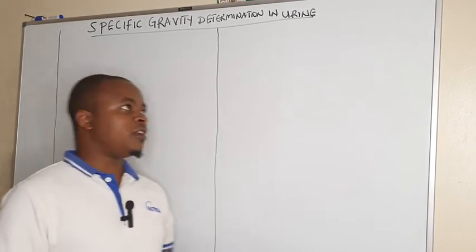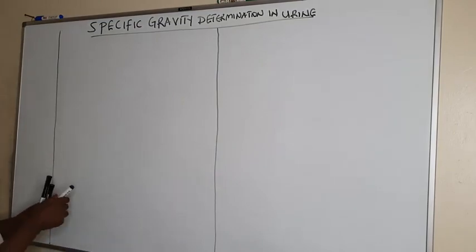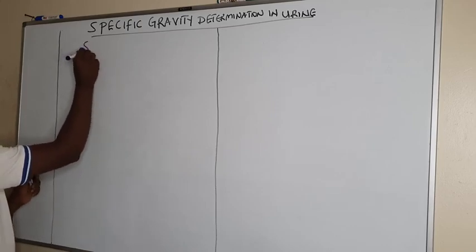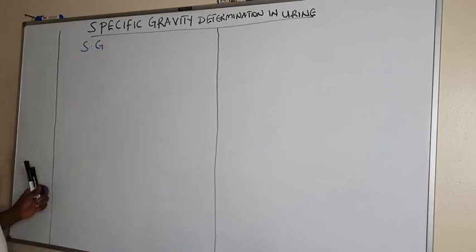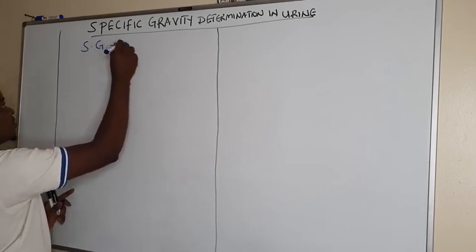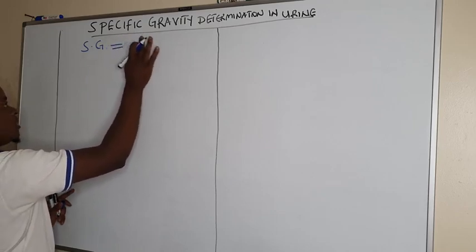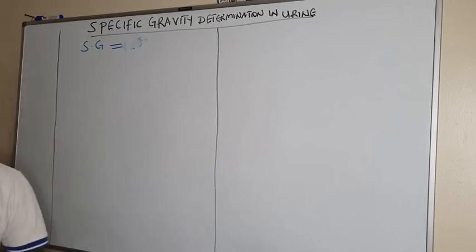And specific gravity, by definition, abbreviated as SG, is got by dividing the mass. You can say mass or weight.